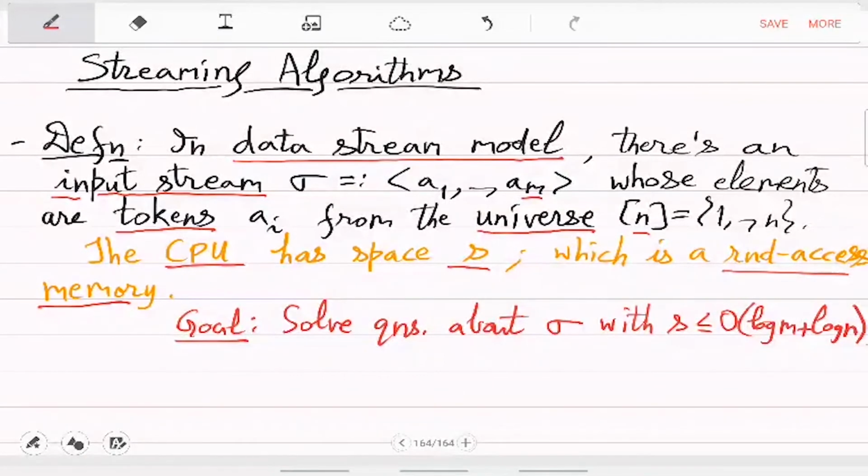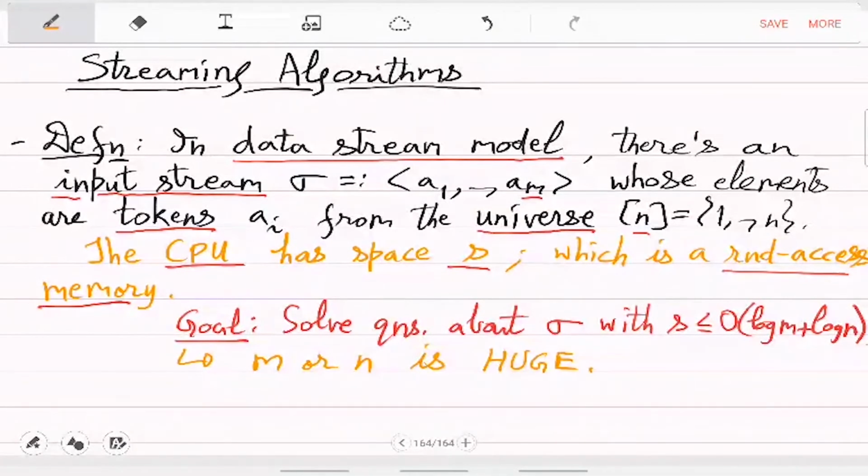This also means that m or n is huge, so you cannot store it, you cannot remember all the tokens in the data stream. You will only remember a few things and from that you will want to solve the questions.